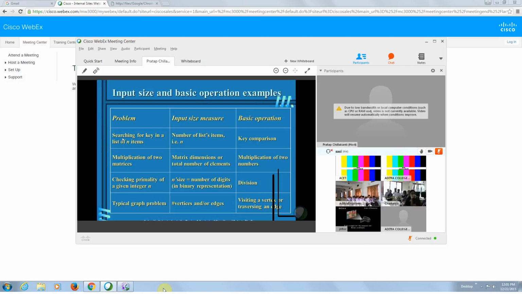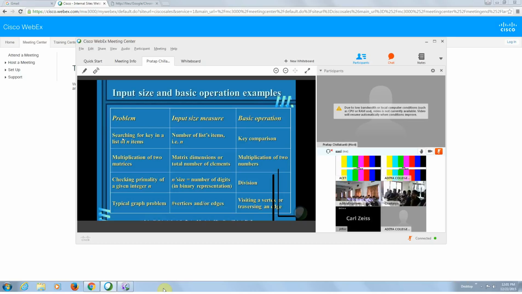If I have a 3 by 3 matrix and a 2 by 2 matrix, that is a total of 13 elements there. It could be dimensions. 3 by 3 is 9 plus 2 by 2 is 4. 9 plus 4 is 13. And what are we doing there? We are multiplying two numbers.